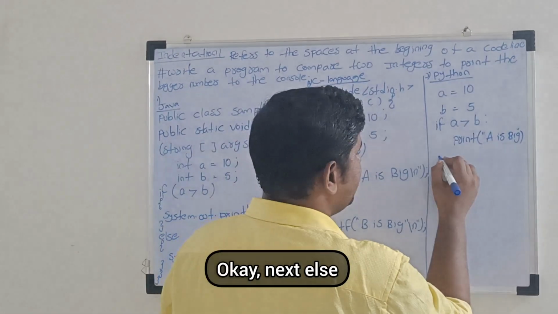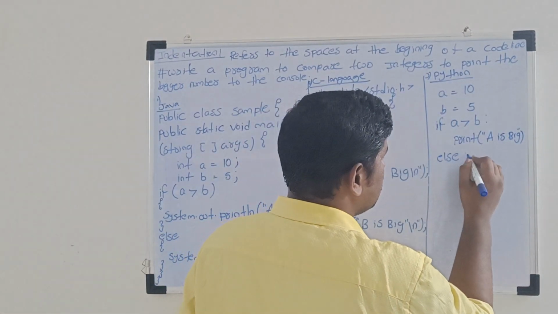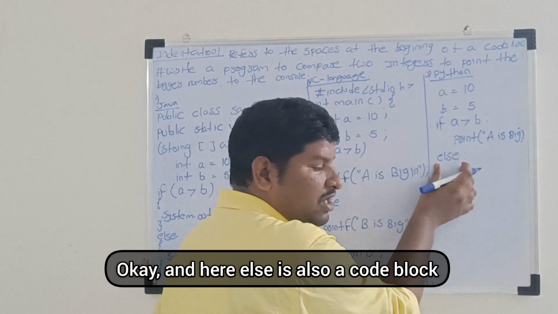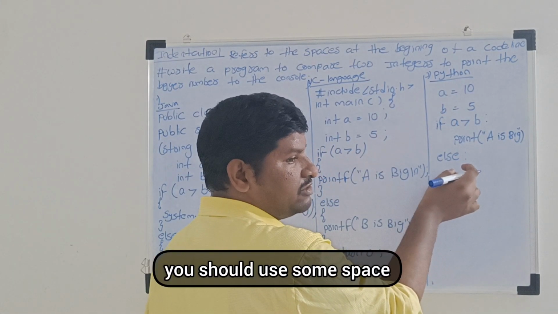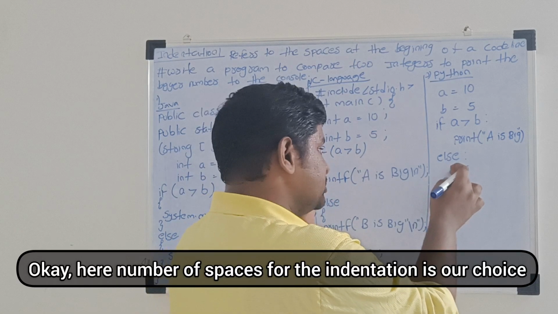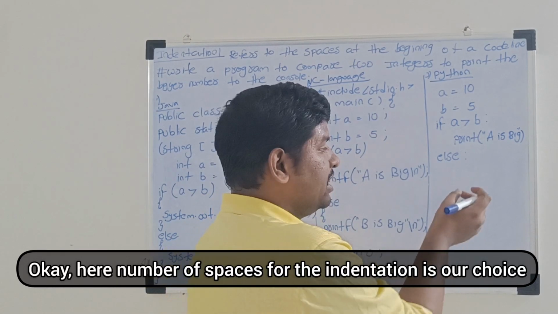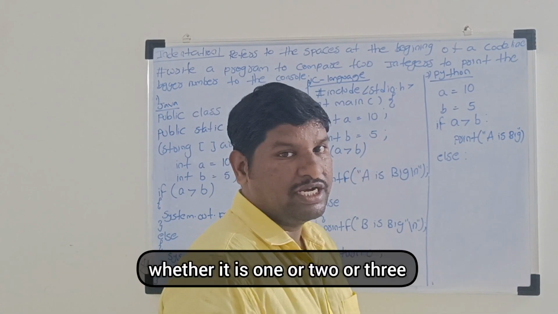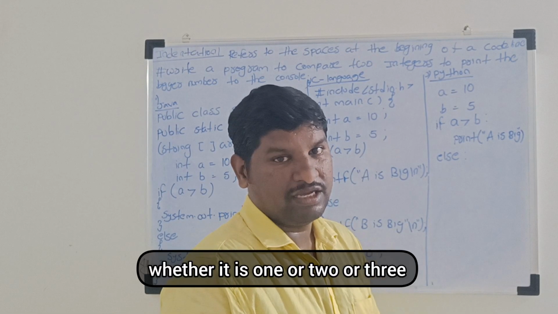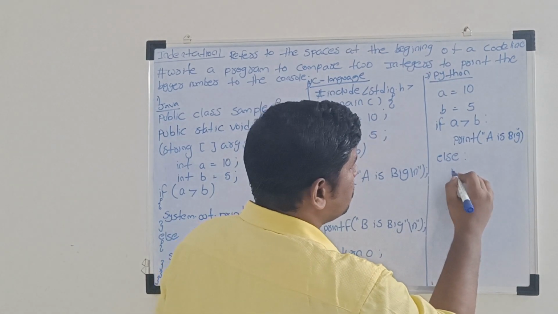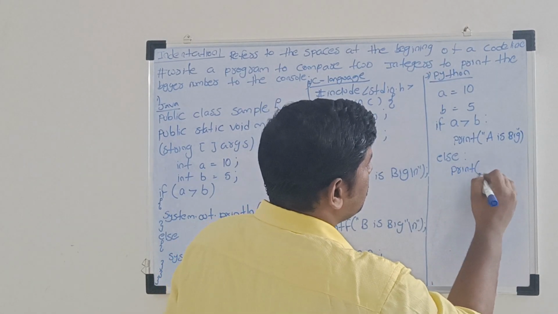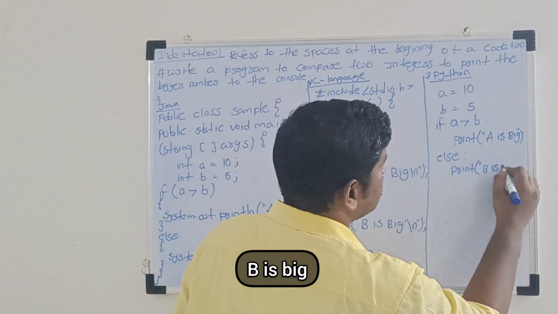Next else. Here else is also a code block, and in the next line you should leave some space. The number of spaces for the indentation is our choice, whether it is 1 or 2 or 3. So print b is big.